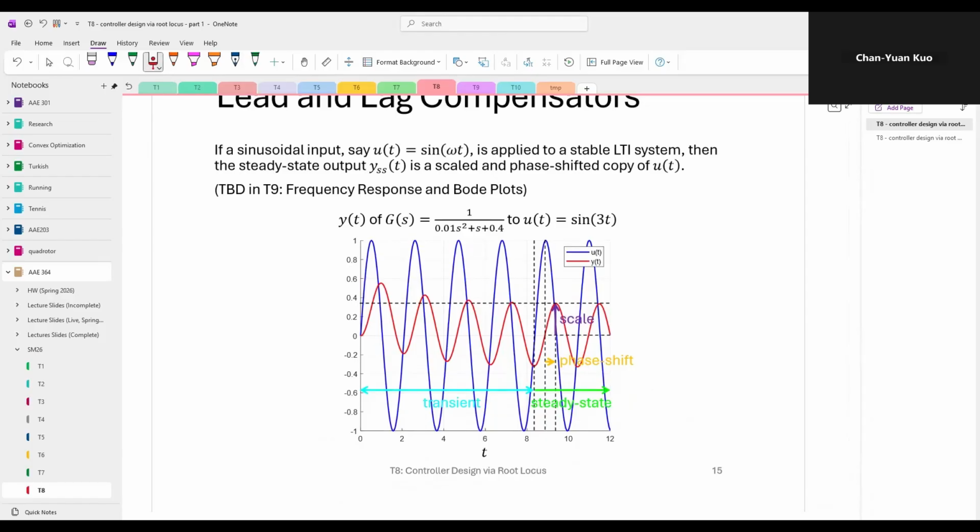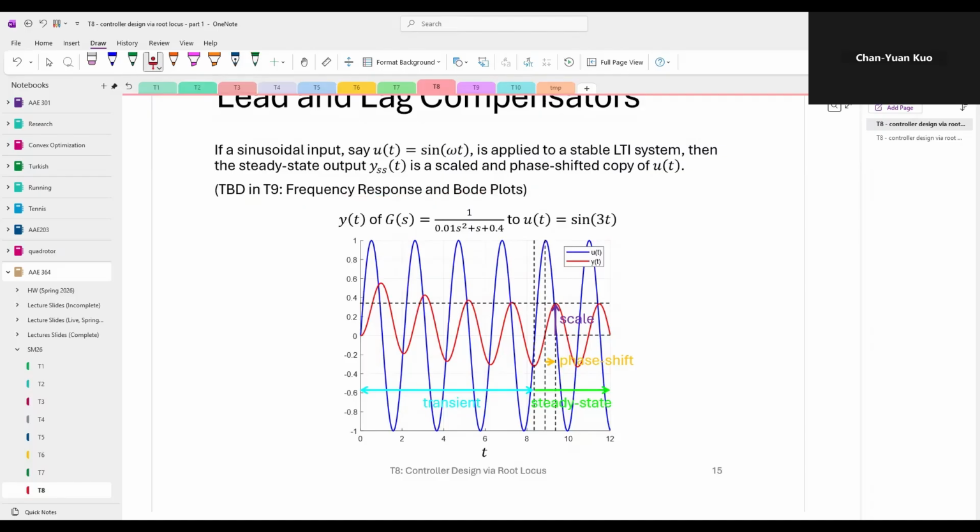Now let's move on to another commonly used family of controllers, the lead lag compensators. And to help you understand how they got their names, we need to briefly preview the frequency response of LTI systems, which is a topic that we will study later in topic 9.